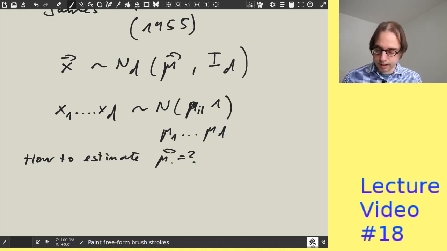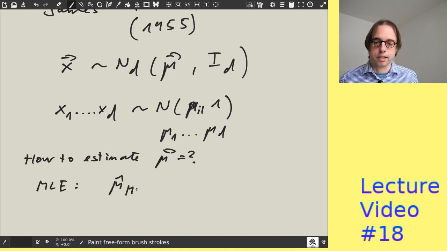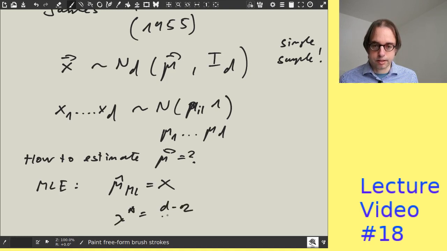And it turns out that the MLE, mu hat ML, is x, without the bar, because there's only one sample, a single sample. And if we do the shrinkage intensity, lambda star equals d minus 2 divided by the misfit.